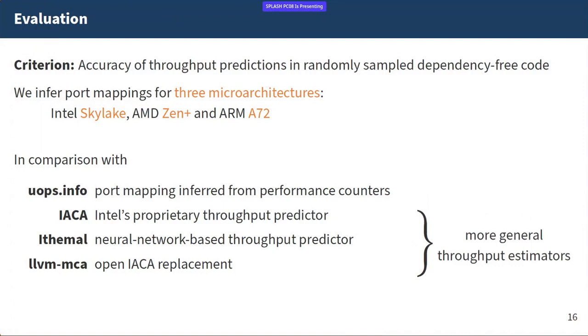It's also worth mentioning that the comparison with IACA, Ithemal, and LLVM-MCA is not entirely fair, because those are more general throughput estimators. So they are able to work with more general code, so they could also handle dependency-free code, or are even intended for that. But still, I think the comparison is interesting because it shows us what the state-of-the-art is with modeling these port mappings in these tools.